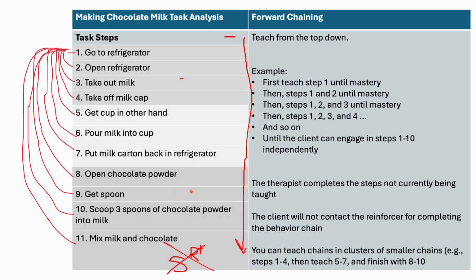And then finally, our third cluster is composed of steps 8 through 11. So once they master steps 1 through 7, then we'll introduce the third cluster, which will be composed of all the steps in the task analysis. So steps 1 through 11. And this, again, allows you to be a little bit more efficient with your forward chaining procedure, meaning that it won't take so long for the learner to master that particular skill.